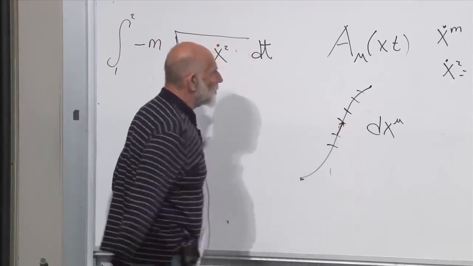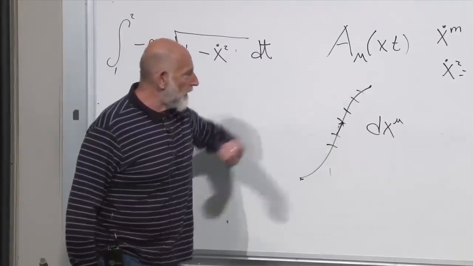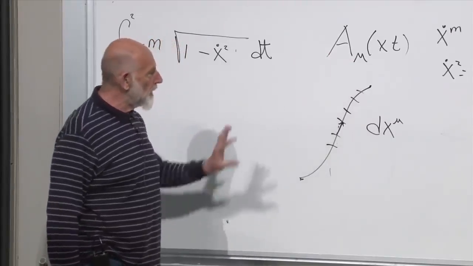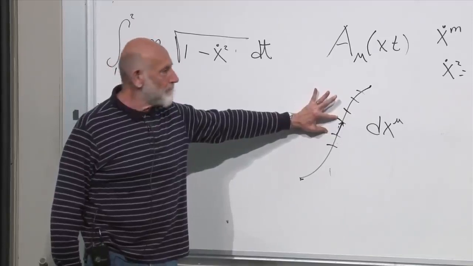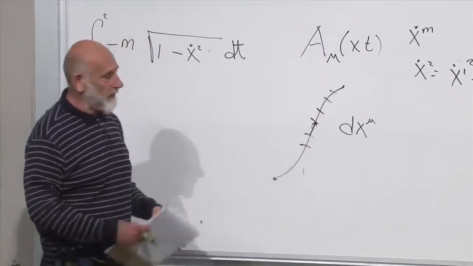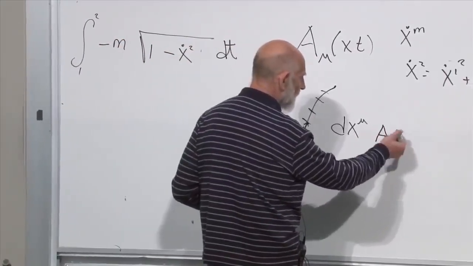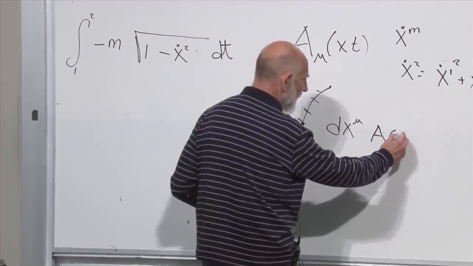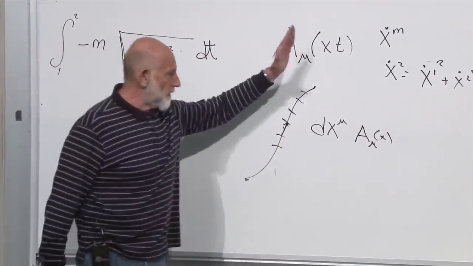What can you do with such a 4-vector, if you have another 4-vector with covariant indices, to make a little scalar quantity associated with that little gap? Well, you multiply the two vectors together with one upper index and one lower index. I'll write in here that A mu is a function of x, which means x and t.